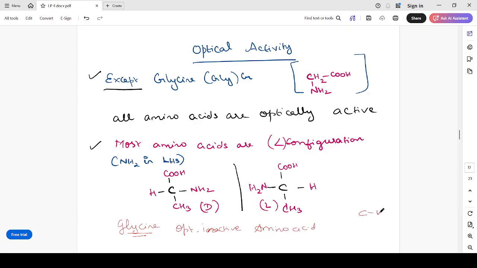Because when you look at glycine, carbon is bonded with two hydrogens, which makes it achiral. So glycine is the only amino acid which is optically inactive in nature. Other than that, all the other amino acids are optically active in nature.